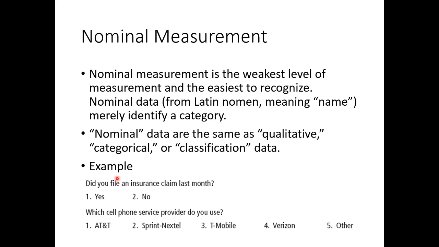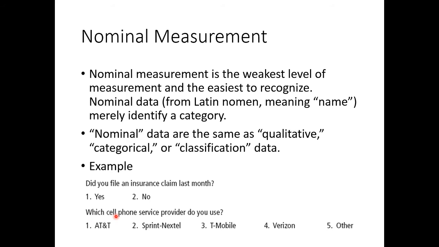For example, did you file an insurance claim last month? Yes or no? In this case, it is very similar to verbal data. Yes and no have no order, so we can assign no for one, yes for two. So in this case, it is nominal data.